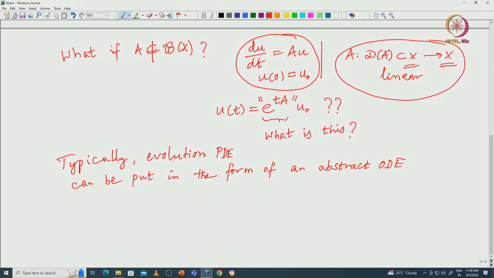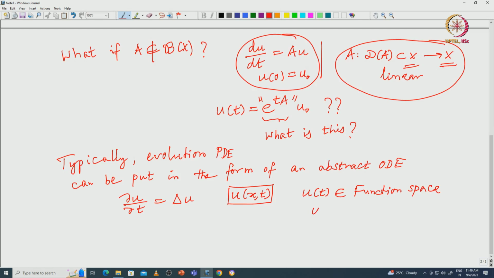So, for example, if you consider this du by dt, the heat equation. Okay. So, u is a function of x and t. So, what we do is, we consider this as a function of u of t belonging to some function space. So, for each t, u of t is a function.